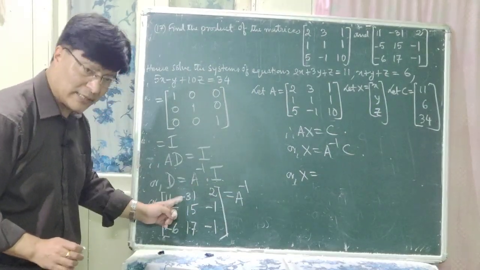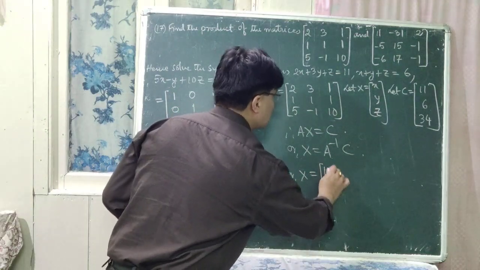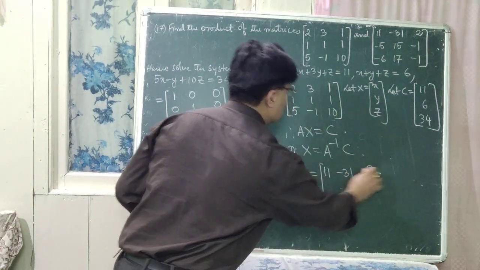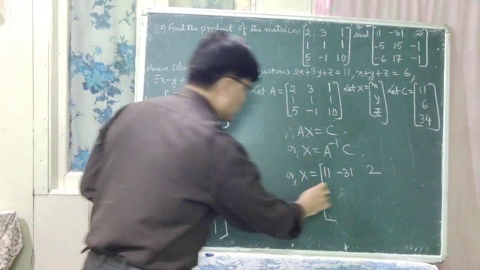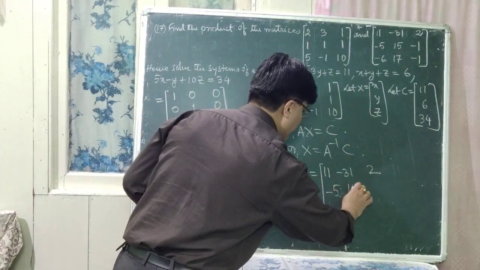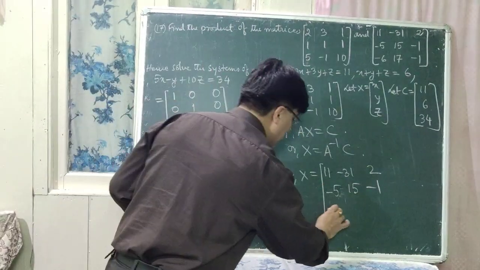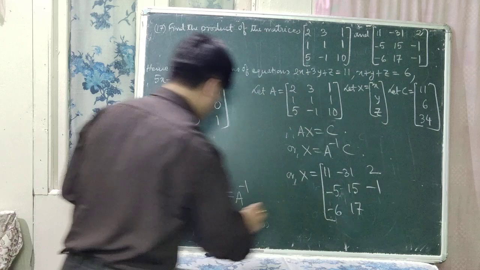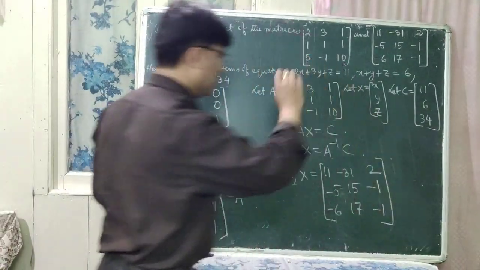It is this matrix D. It is 11, minus 31, 2. Next is minus 5, 15, minus 1. Then minus 6, 17 and minus 1. Is that clear?